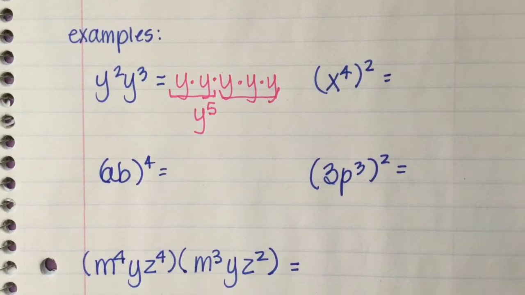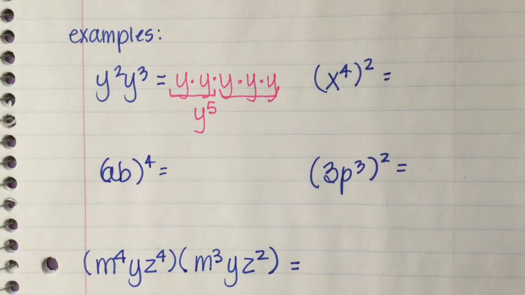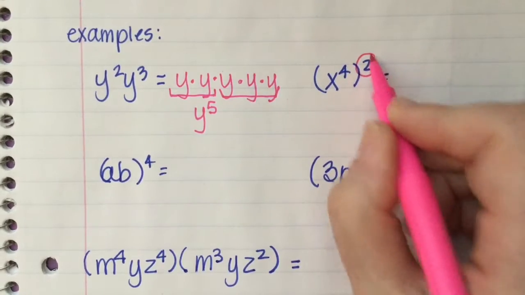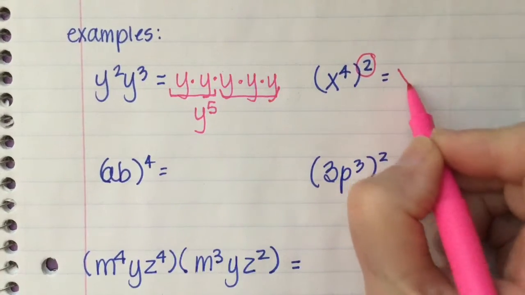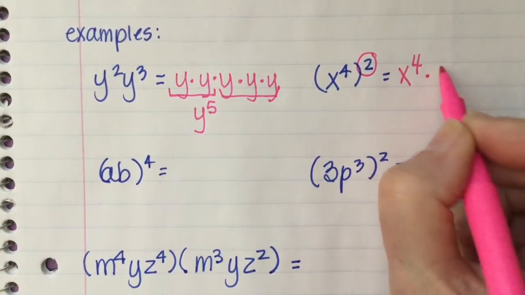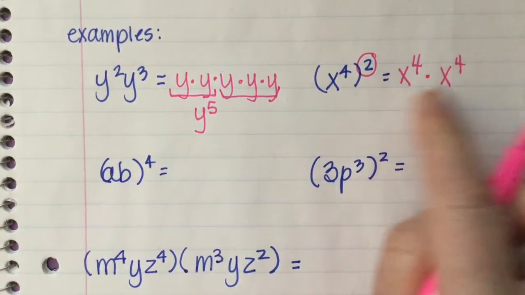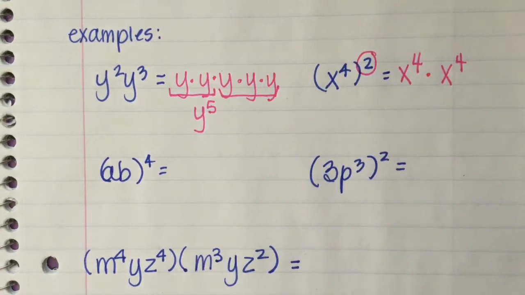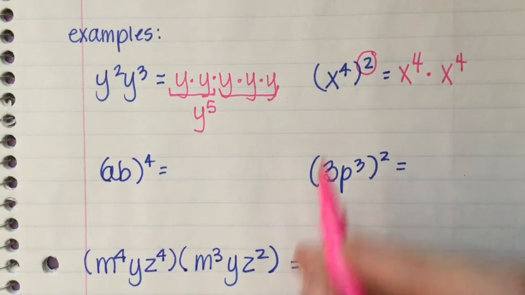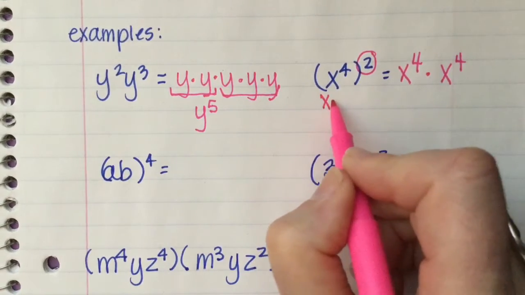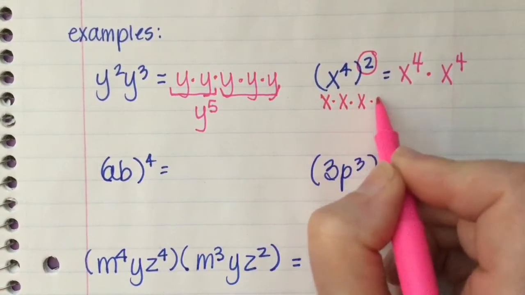X to the 4th and the whole thing squared, that's a power to a power. So that means that I have 2 of these x to the 4th power. So that means I have x to the 4th times x to the 4th. So I have 1, 2 of them. If I want to write that all the way out in expanded form so you can see it, it means I have 1, 2, 3, 4.